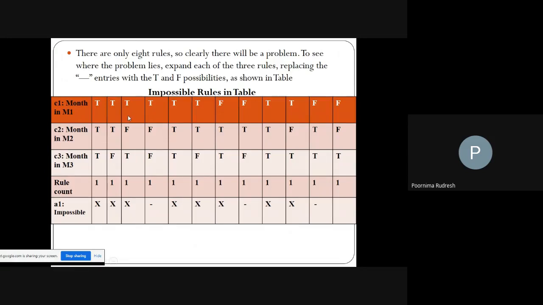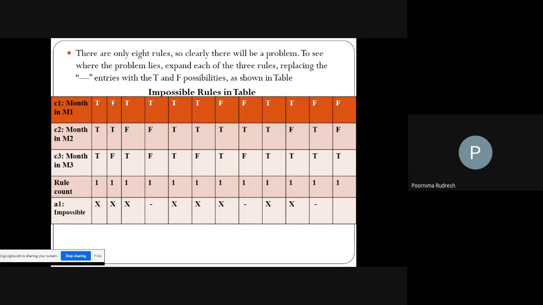Similarly for this one: true, false, true. If the month consists of 31 days, yes, then F2, month consists of 30 days is false. What does it indicate? It indicates that the month may consist of 31 days, but it does not consist of 30 days.